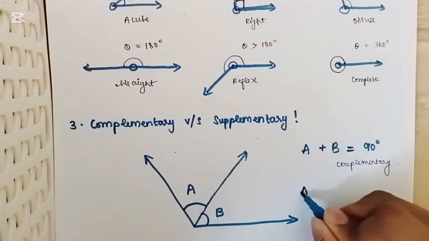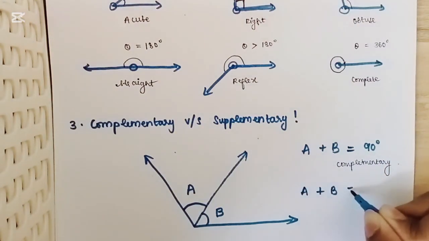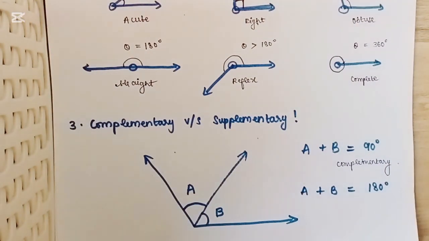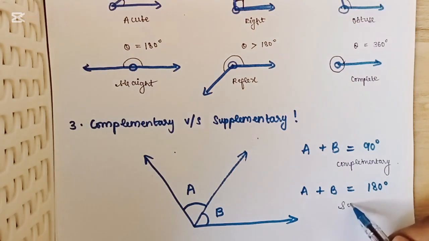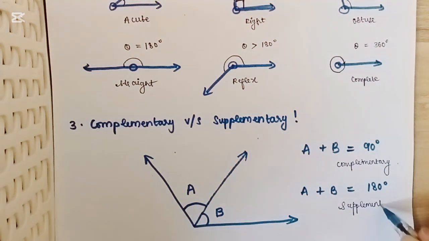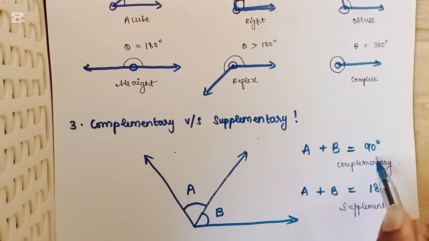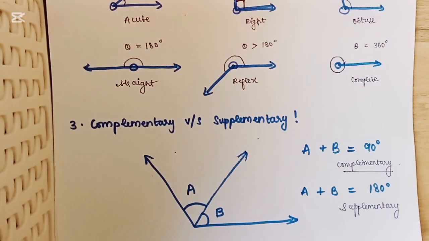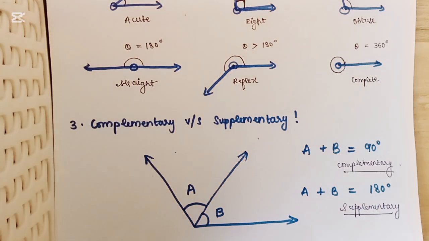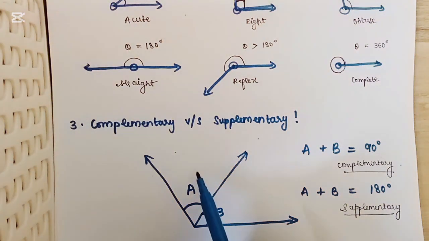But on the other hand, if angle A plus angle B is equal to 180 degrees, this is called a supplementary angle. So angles whose sum is 90 degrees, we call complementary, and angles whose sum is 180 degrees, we call supplementary angles.